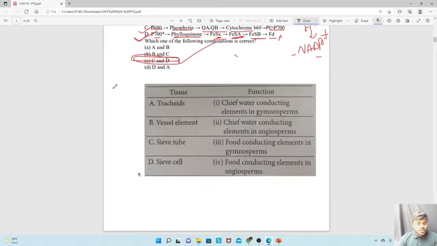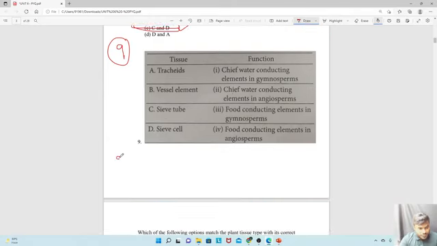Yes, friends, question number 9. First look into the question, then I will show you the options. Otherwise, just give me a moment, I will write the options here itself so that you people don't get confused. Writing takes a lot of time, why waste the time?